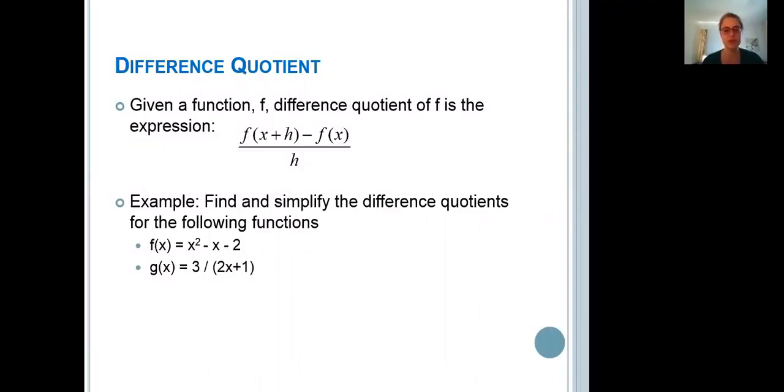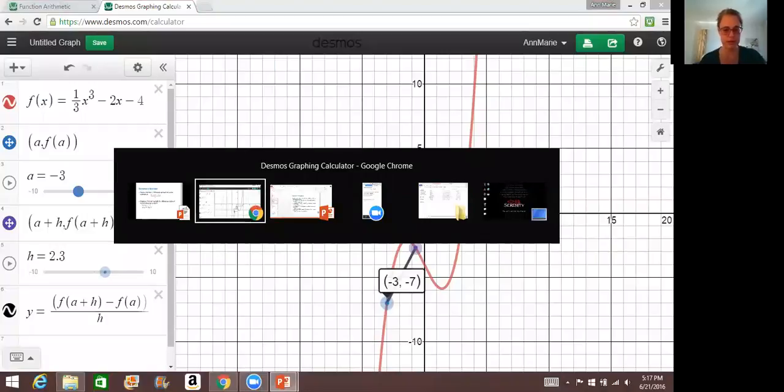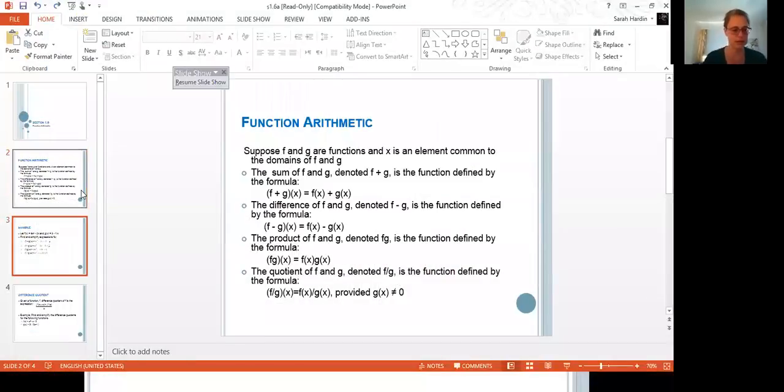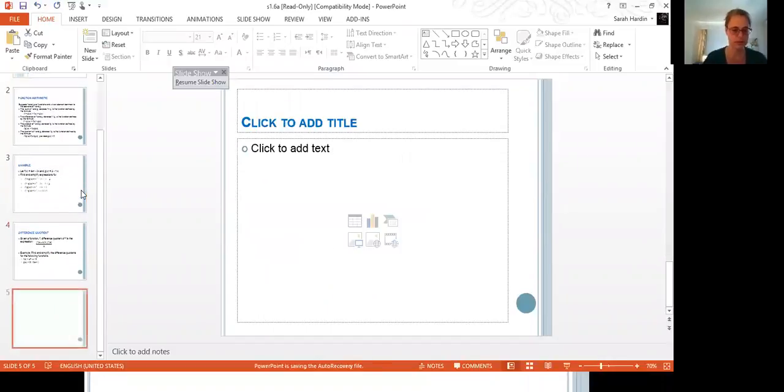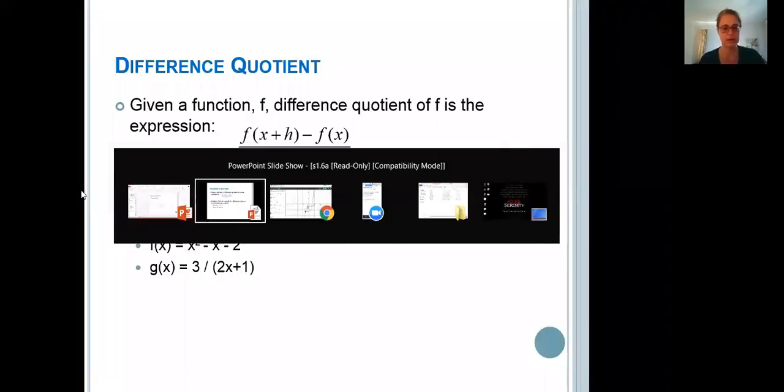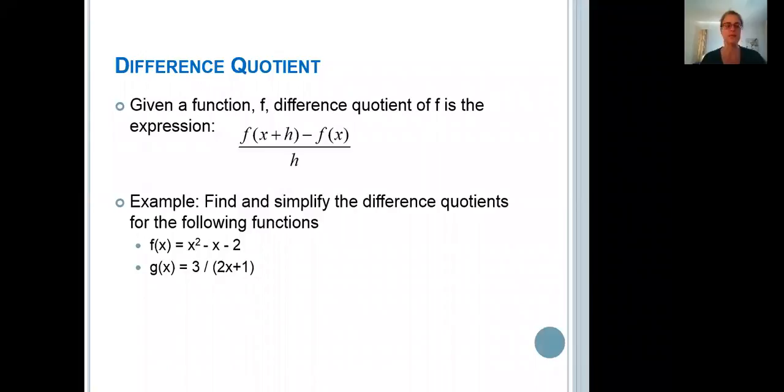We're going to do 2 examples of this. We're going to first work with the function x squared minus x minus 2. Okay, I thought I had a blank slide in here, but maybe I can put one in. Oh, that's pretty slick.